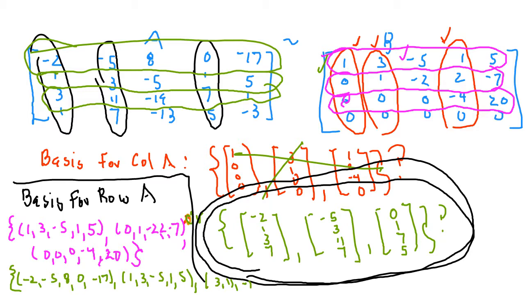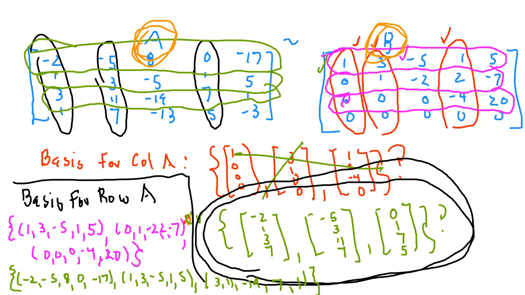Three, 11, -19, 7, and 1. In other words, both of those answers are okay. The row space for the matrix A here is the same as the row space for the matrix B.